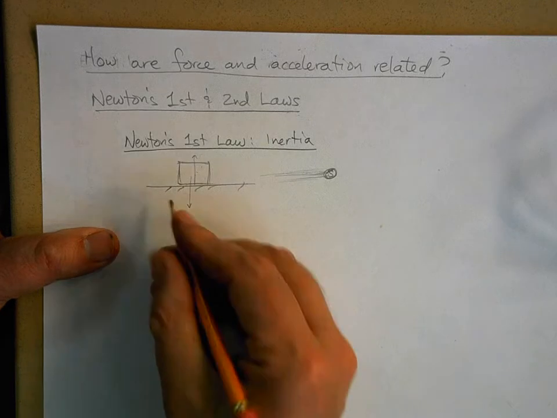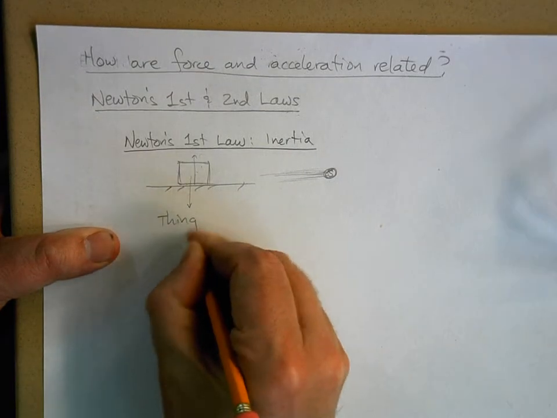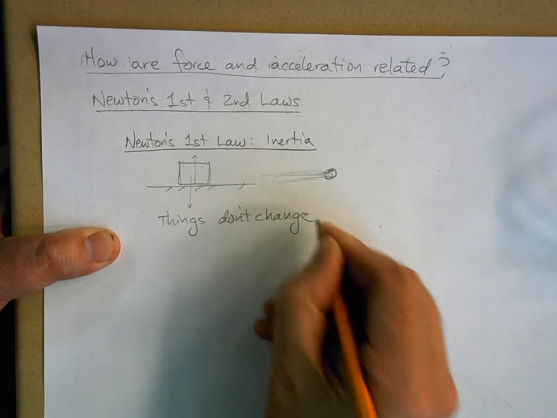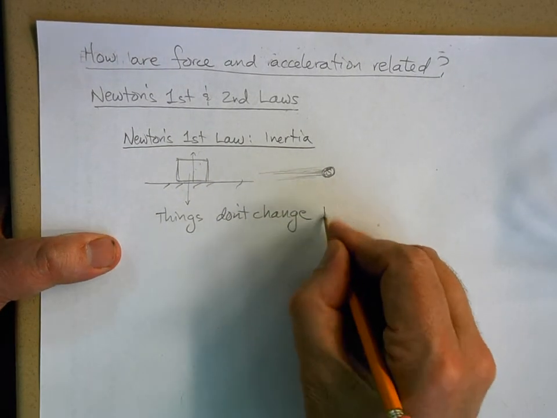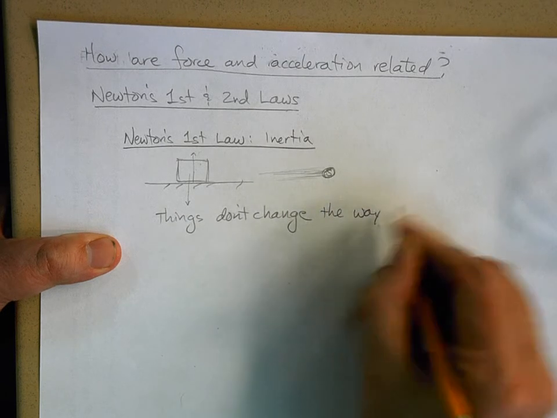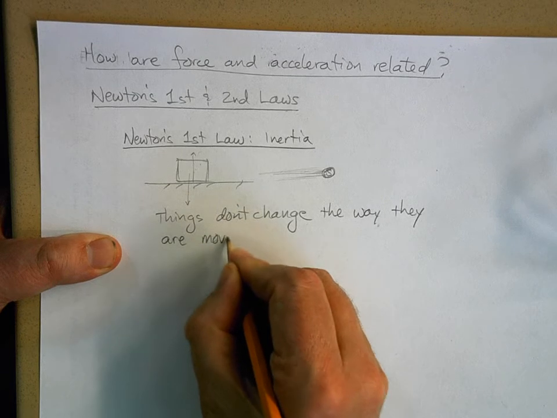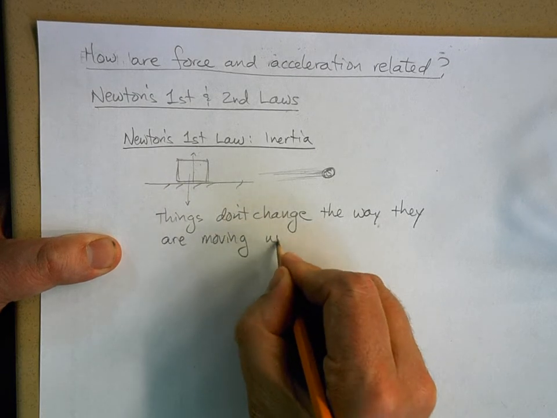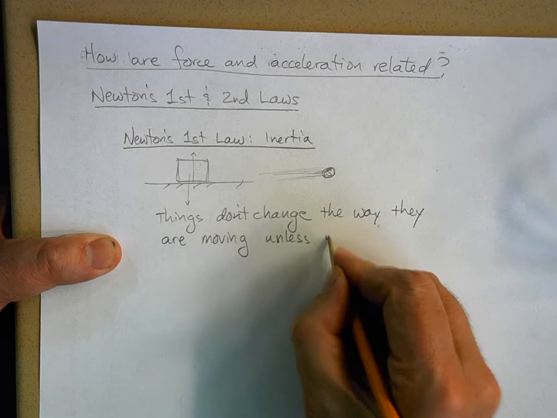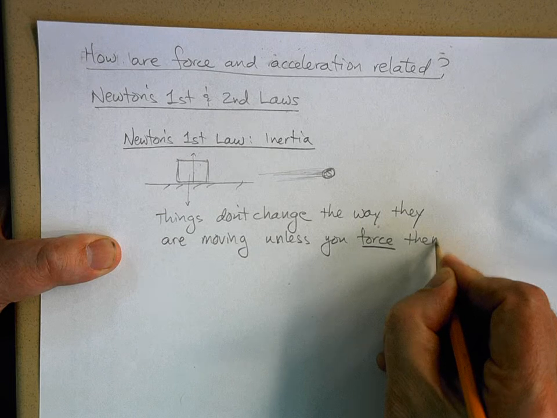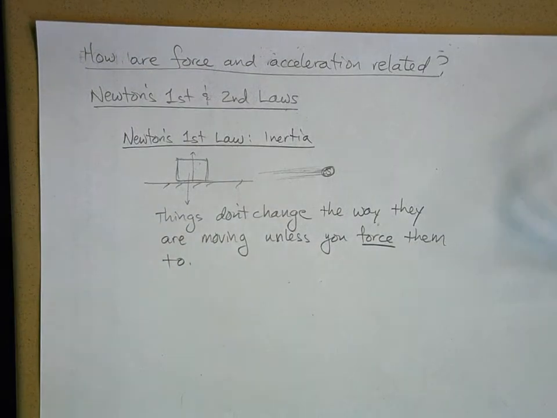Now the way I like to put that is, things don't change the way they are moving unless you force them to. Things don't change what they're doing unless you force them to do it, unless there's some kind of force on it that will change its motion.